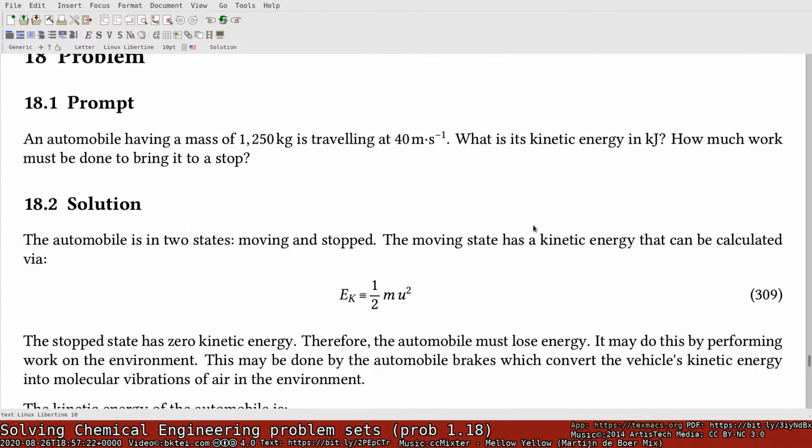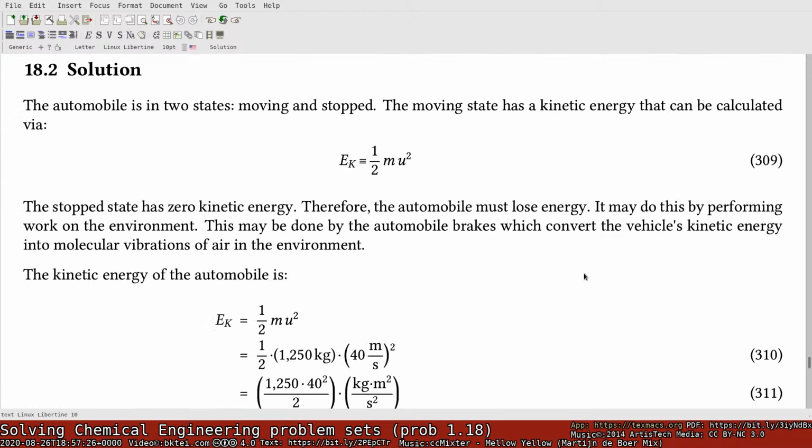How much work must be done to bring it to a stop? It doesn't actually say what is doing the work on what, but I'm saying the automobile is working on the environment.